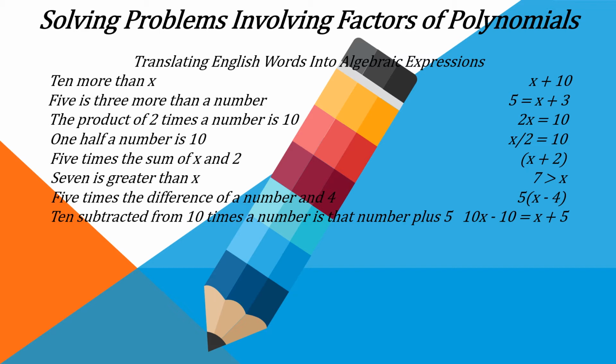Therefore, the translation is simply 10x minus 10 is equal to x plus 5.